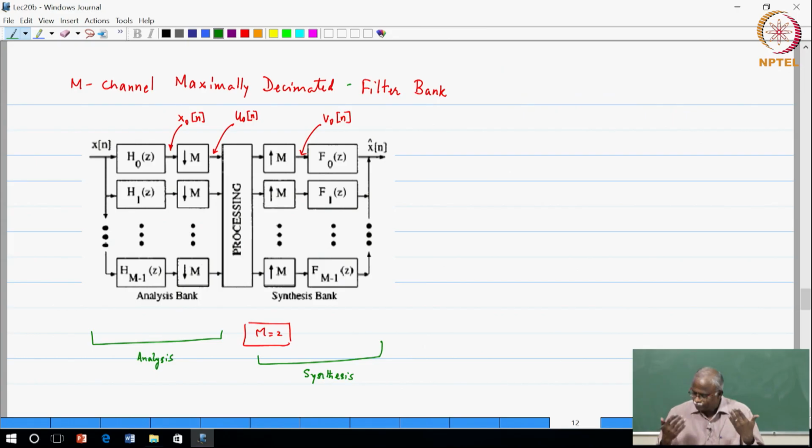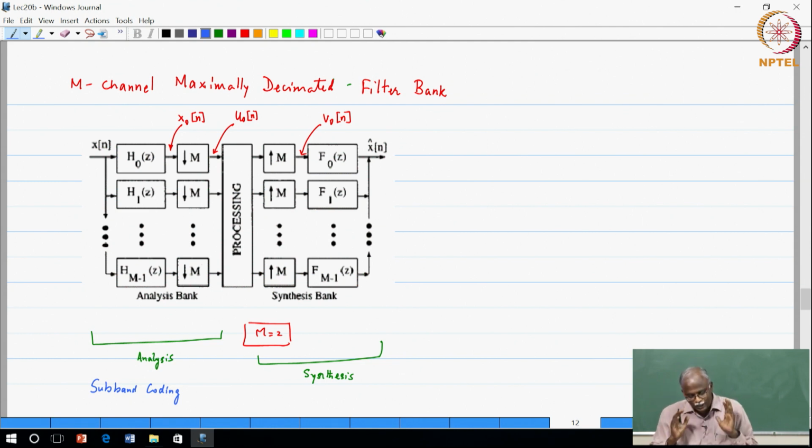Most of the time when we are doing multirate filter banks, we are trying to split a signal. This is also linked to a technique you have in speech called subband coding.